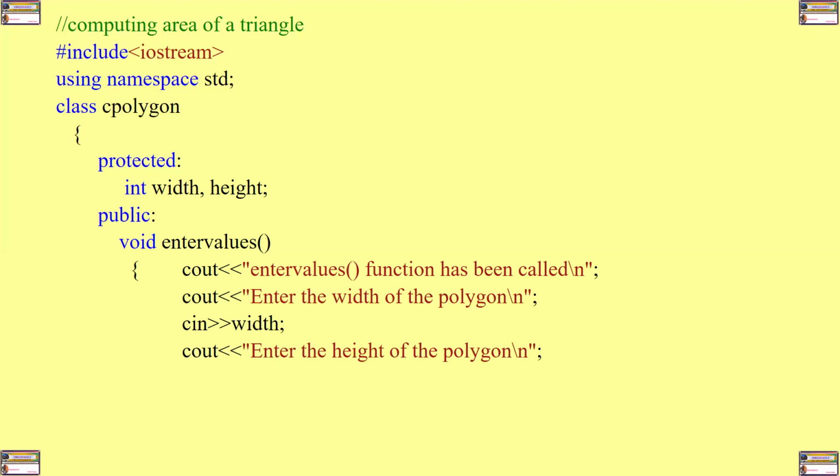Next, it prompts the user to enter the height of the polygon, and then the value which has been entered is read and stored in the data member called height. And that's what the method called enter_values will be doing. And that's the end of the class called CPolygon's definition.